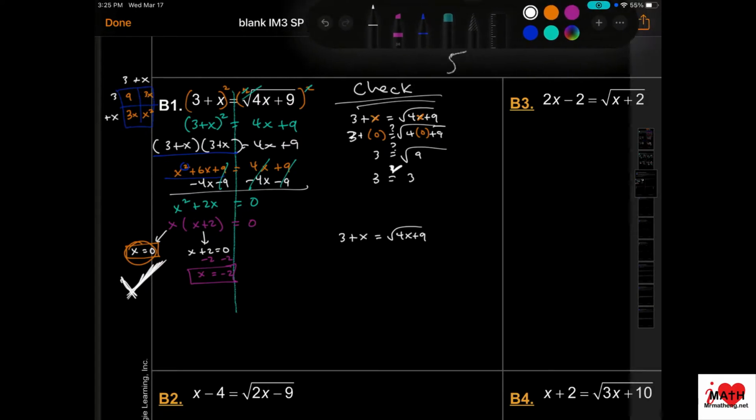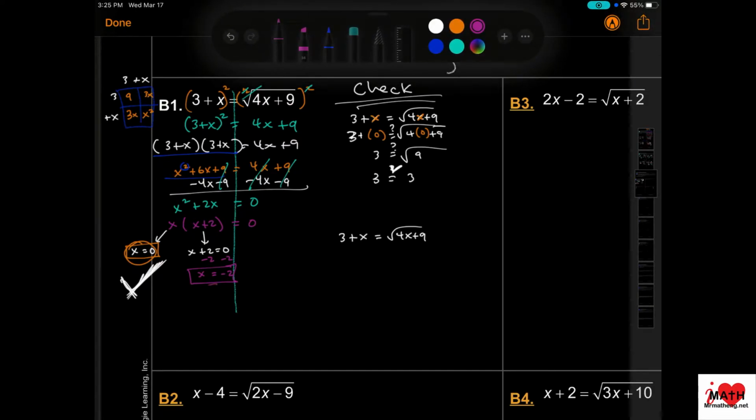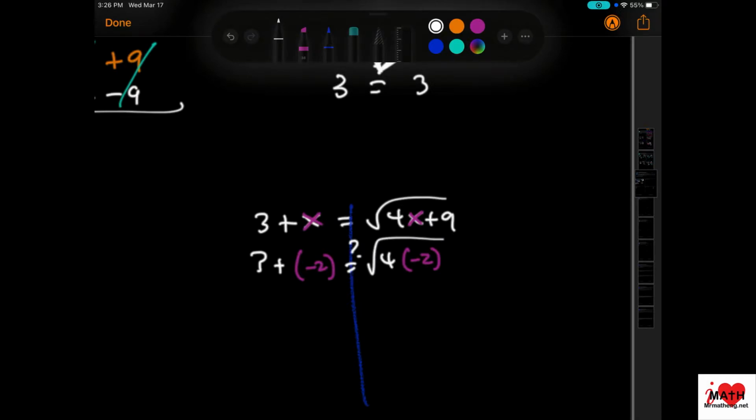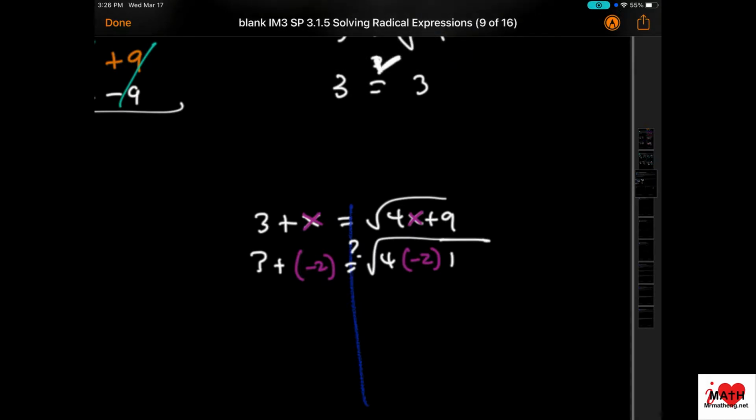Okay, let's go ahead and test negative 2 here. Every x value I'm going to put in a negative 2, so we're checking our answer now for the second possible solution here. So 3 plus negative 2, and we're not sure if it's going to be equal. 4 times negative 2 plus 9.